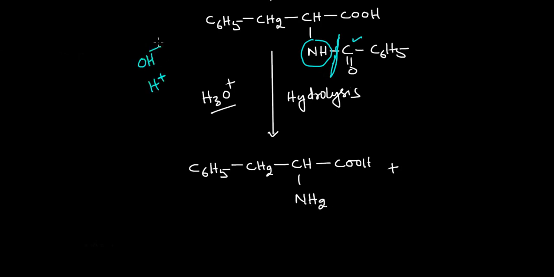So we have lots of these OH minus ions and H plus ions there. So suppose I write this OH minus ion here and H plus ion here. So when this bond is cleaved here, ये जब bond यहाँ से cleavage होगा, so the electrons will shift over to the nitrogen atom.